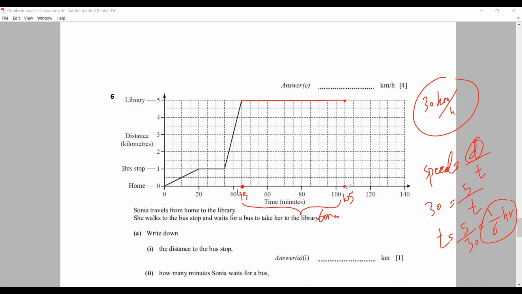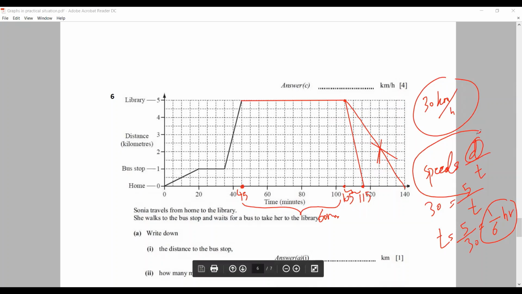So after 105, just 10 minutes after that, she gets home, which is 115. So you see, you didn't have to draw that line and connect it to 140. That was wrong. So this is the correct path, and this is the wrong one. Okay, so be careful. You have to calculate the time using the equation of speed.